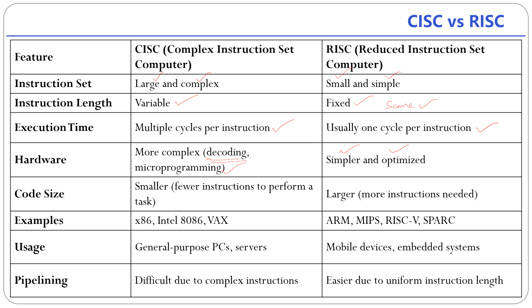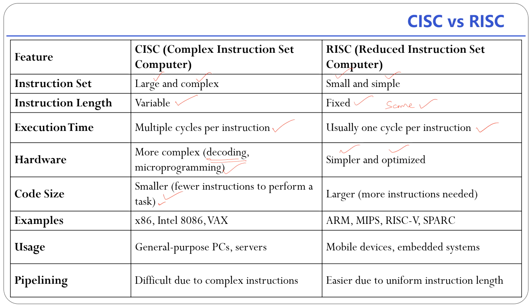And code size is very small. Because of the large instruction set and complex instructions, fewer instructions are required here to perform the given task. Whereas in case of RISC, they require a large number of instructions, because all are of the same size, fixed length instructions.